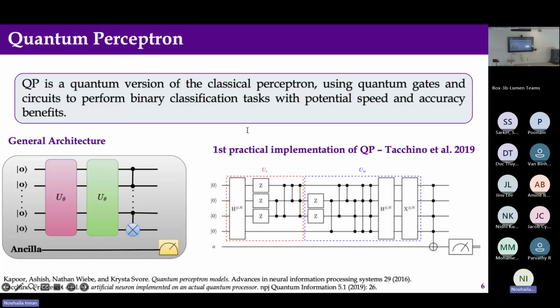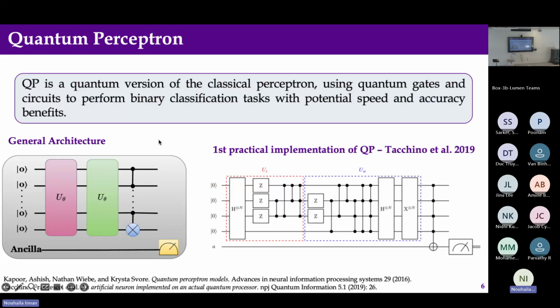Then they have some parameters, W1, and so on, to represent the weights that the circuit adjusts during training to optimize the classification task. Then measurement at the end of the circuit provides the output, which can be interpreted as the predicted class label. Yeah, this is how it works in general.